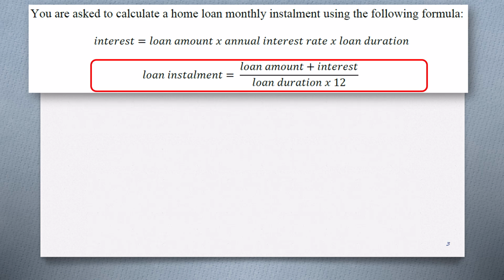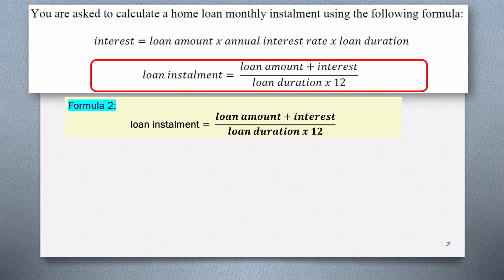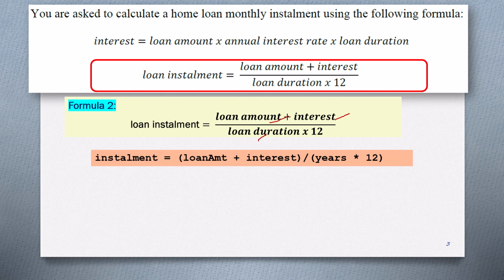So the next formula would be to calculate the loan installment, the monthly installment. This monthly installment is calculated having the values of loan amount, the interest, and then the loan duration. So you need to translate this formula into the C++ statement. It will be this.